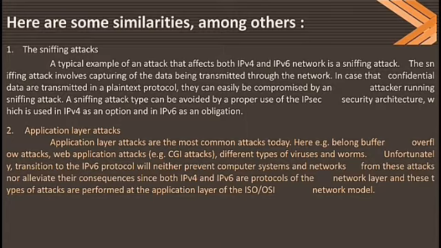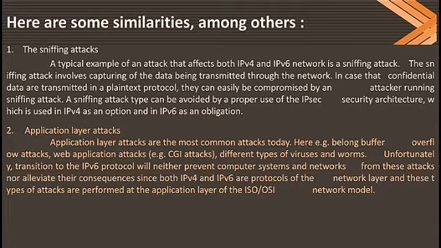In case confidential data are transmitted in a plain text protocol, they can easily be compromised by an attacker running a sniffing attack. A sniffing attack can be avoided by proper use of the IPsec security architecture, which is used in IPv4 as an option and in IPv6 as an obligation.